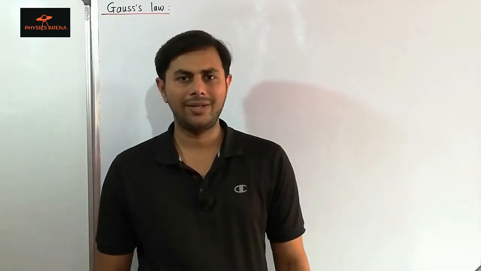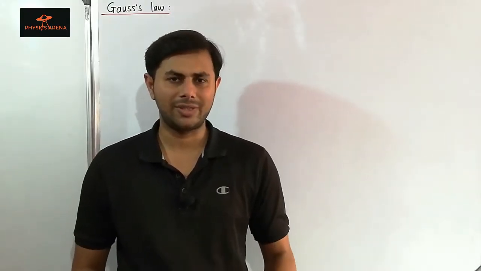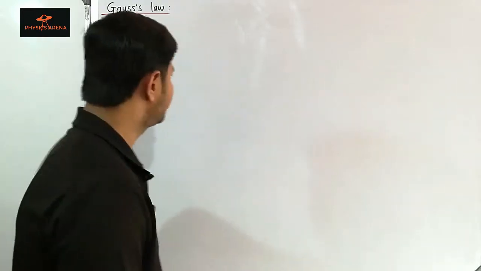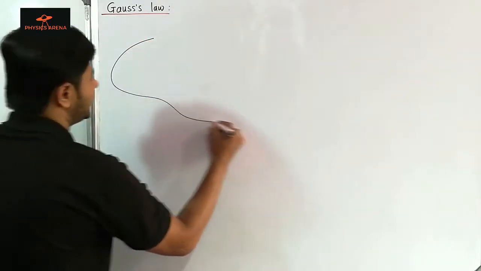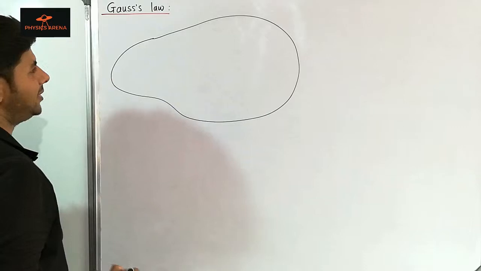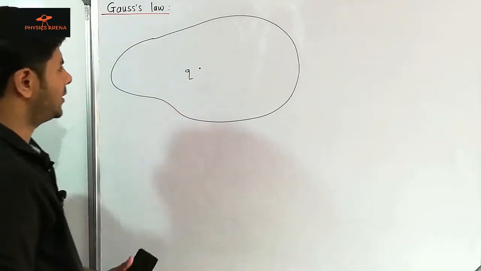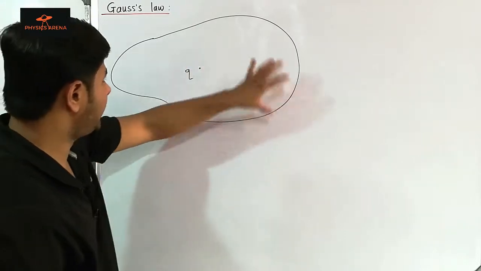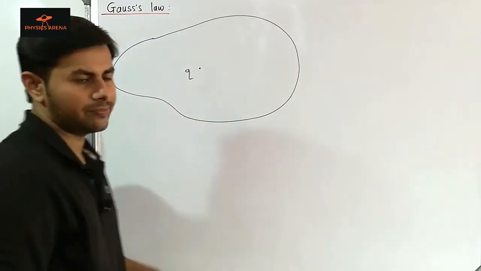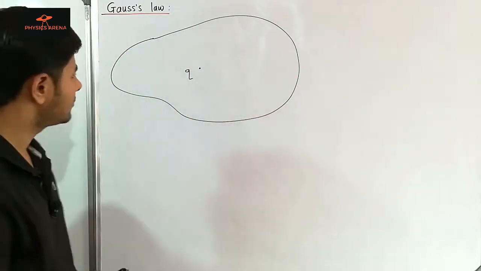Okay, finally, let us try to prove Gauss law. Let us consider this random closed surface, and suppose there is this charge q somewhere in the interior region of this closed surface.